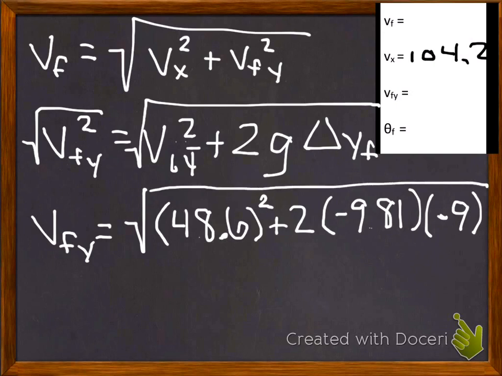So I had to leave out units here so we could fit everything on this screen, so sorry about that. So we plug all this in the calculator, 48.6 squared plus 2 times negative 9.81 times negative 9, take a square root of the whole thing, and we will get that the final vertical component of the cannonball's velocity is 50.38 meters per second.